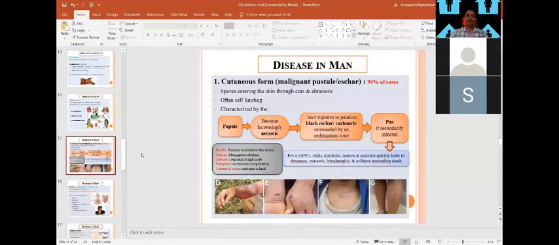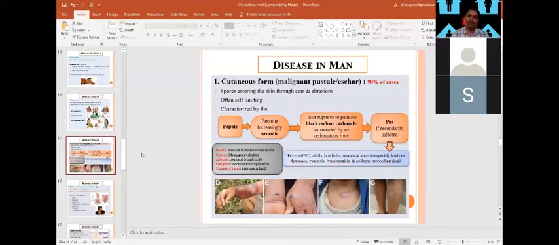The cutaneous form, also known as malignant pustule or eschar, occurs in about 90% of human anthrax cases. As we know, the spores enter the skin through cuts or abrasions over the hands or other parts of the body.